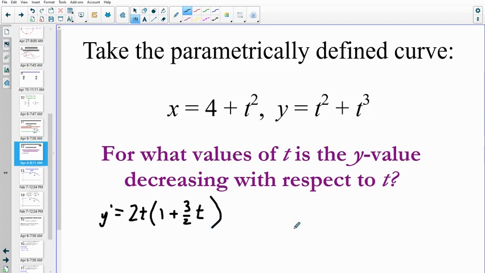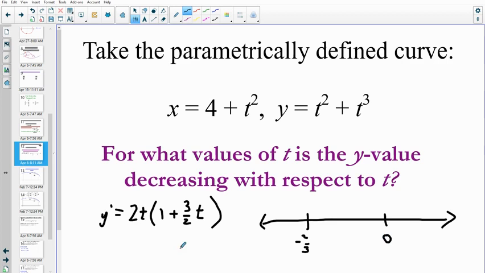And so if this is my y prime, when is the y value decreasing? That's going to be when dy/dt is negative. I would maybe make a number line for something like this. I know that at time equals negative 2/3, it's equal to 0. At time t equals 0, it's equal to 0.